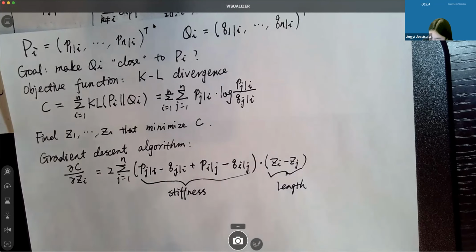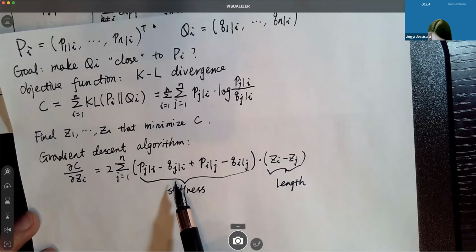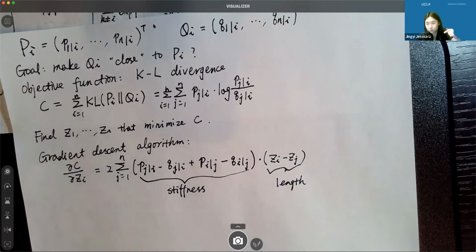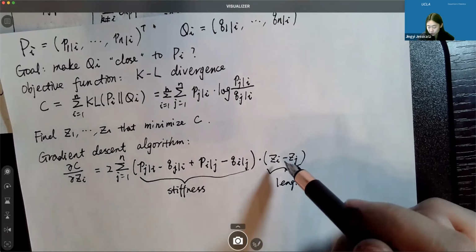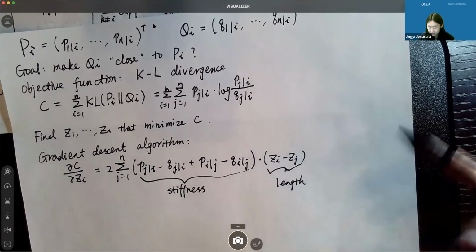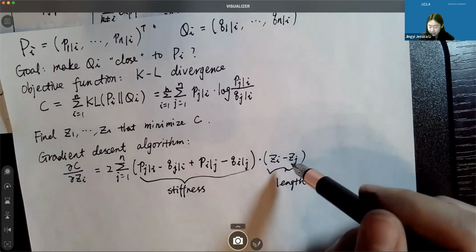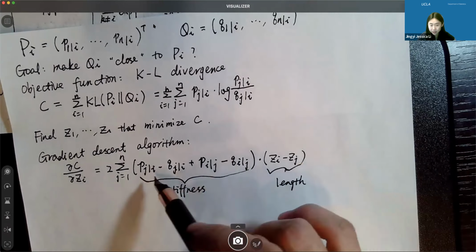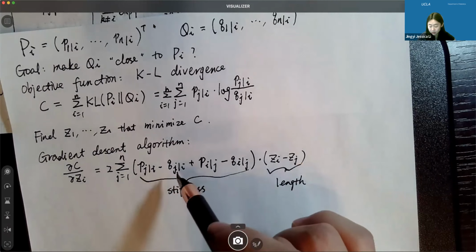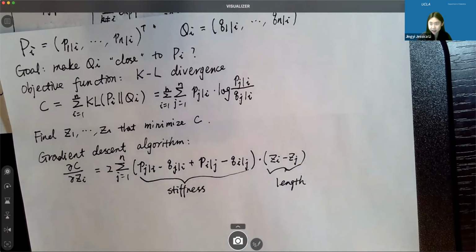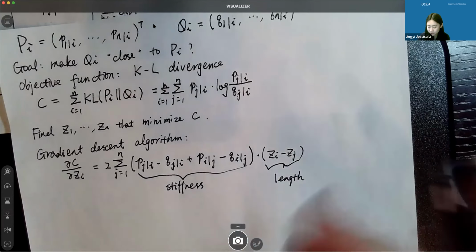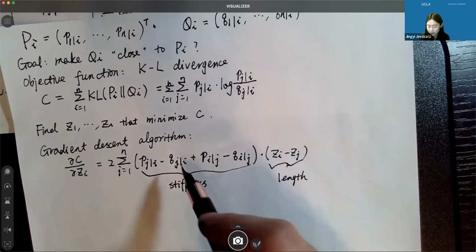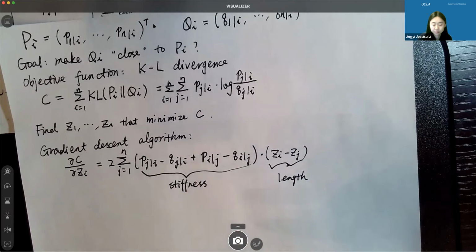The larger the gradient, the more you will go in this direction. This length is about the difference between the two vectors zi, zj in the low dimensional space. Given their difference and also this stiffness, the similarity between the current q and the p will decide the step, how much you go. If they're already very small, then you don't have to go much. So you can see this trade-off: the current similarity affects your next step.